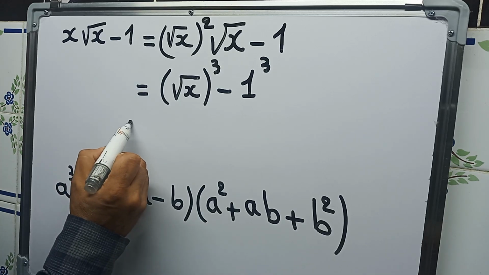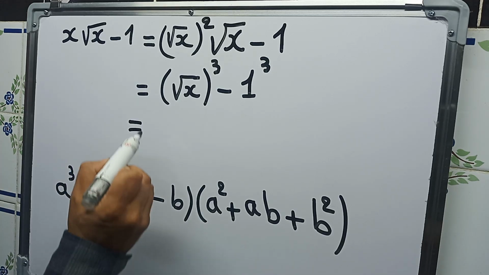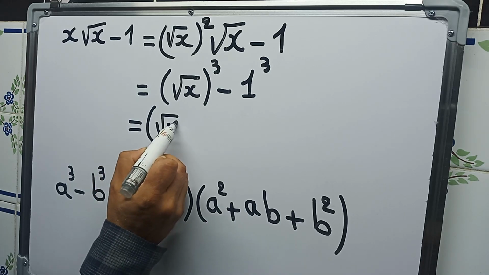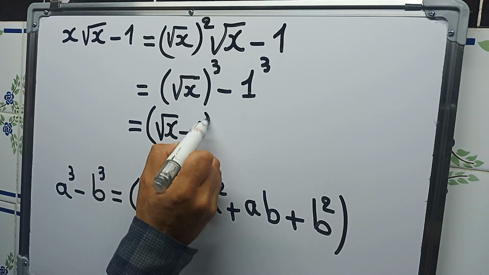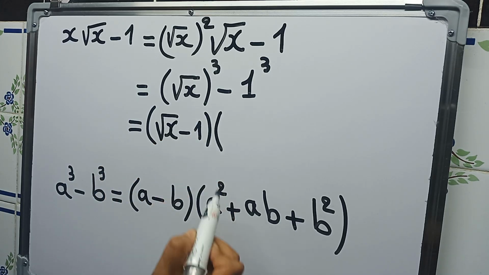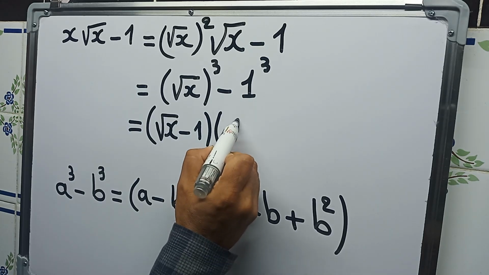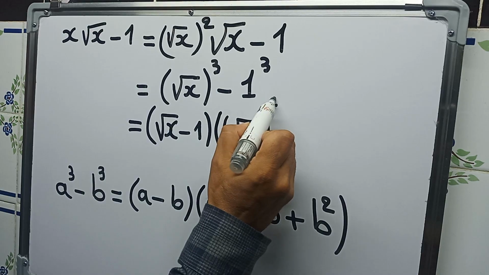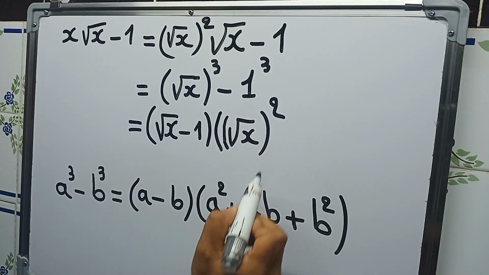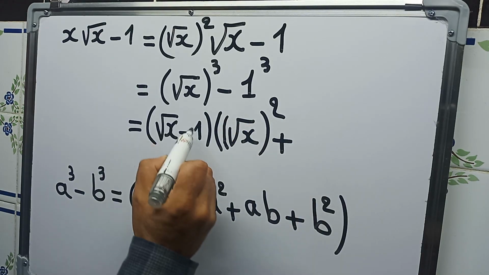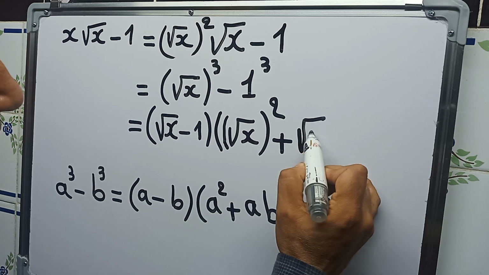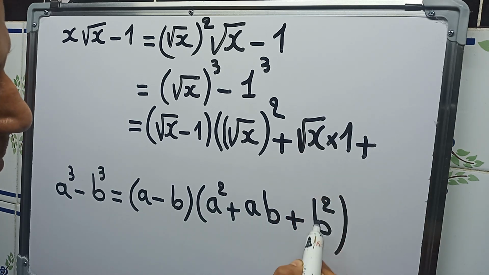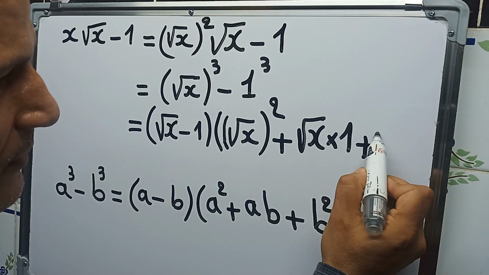So it's equal to square root of x minus 1, times square root of x squared, plus ab, plus square root of x times 1, plus b squared, so here 1 squared.